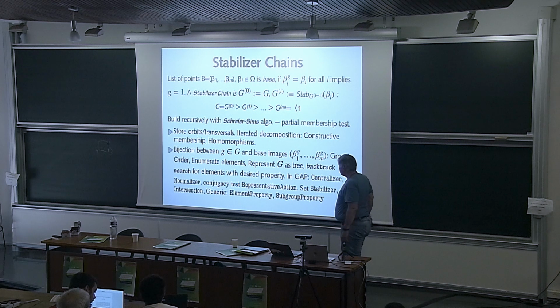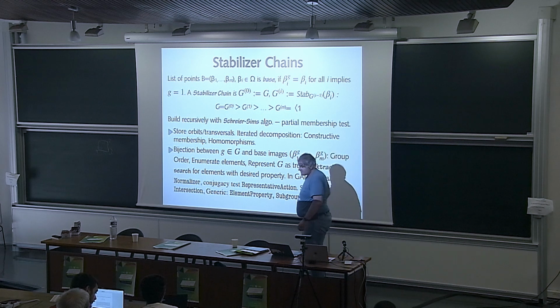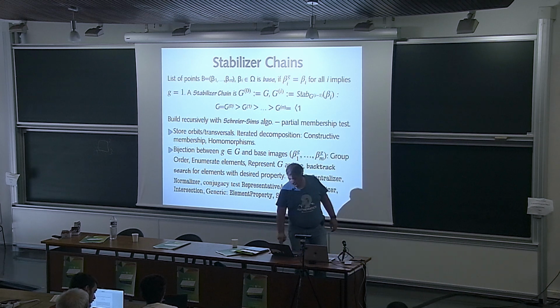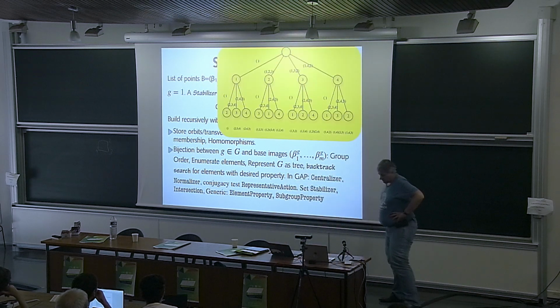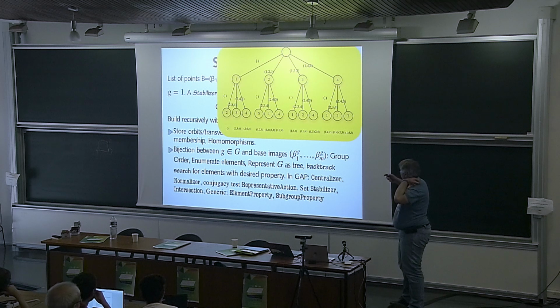And that enumeration actually gives us a way to represent the group in the form of a tree. I just want to give you an easy example of this by taking the alternating group on 4 points. I'm looking at the image of the point 1 and the image of the point 2.